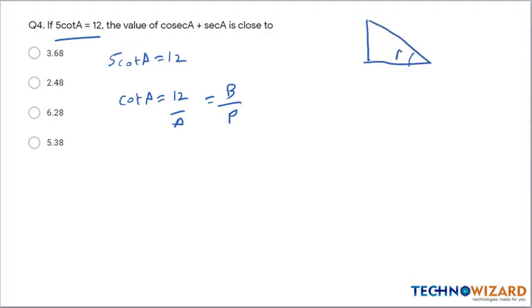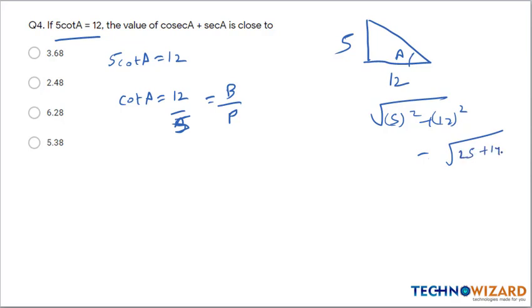I have taken this angle as A, this is our base 12 and this is the perpendicular 5. Now on applying the Pythagoras theorem, we get the square root of 5 square plus 12 square. This equals the root of 25 plus 144, which is the root of 169, which is equal to 13. We get the hypotenuse as 13.